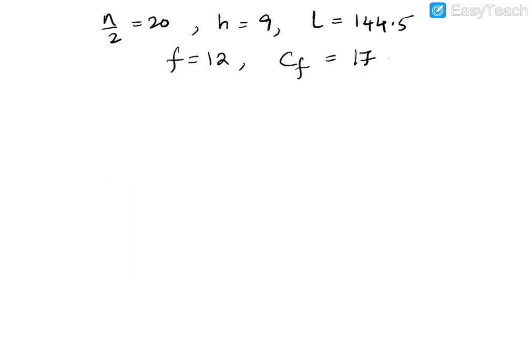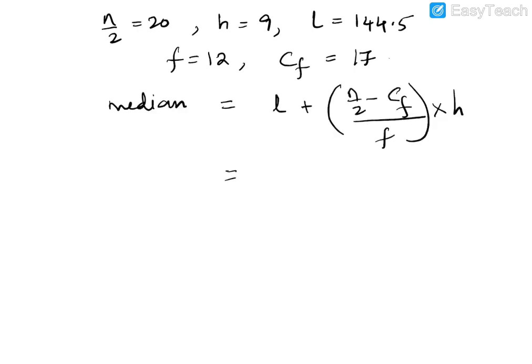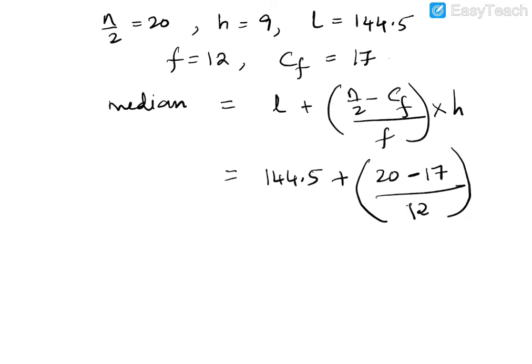Now substituting these values in the formula of median, we get 144.5 plus 20 minus 17 divided by 12 into 9. So this is equal to 144.5 plus 3 upon 12 into 9.